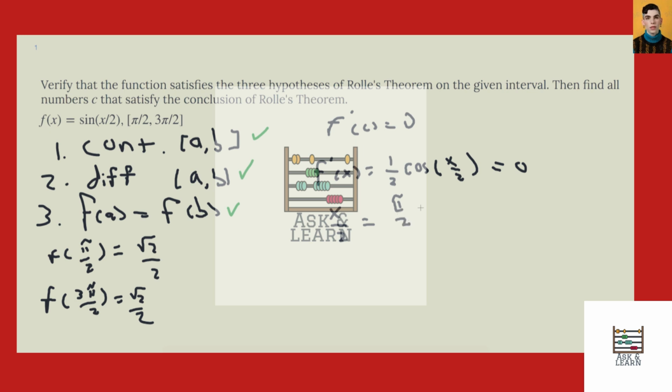And since cosine is a pi periodic function, we're going to add k pi, where k is any integer, so it could be -1, 0, 1, 2, 3, 4, 5, etc. So if you solve for x, when you multiply 2 on both sides, you get x equals pi plus 2k pi.